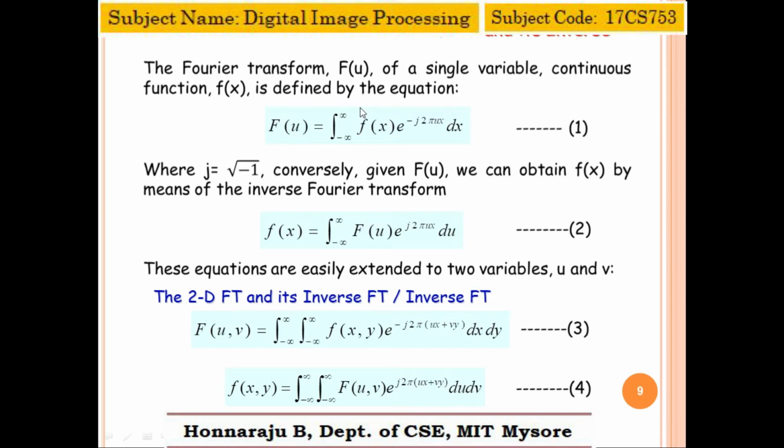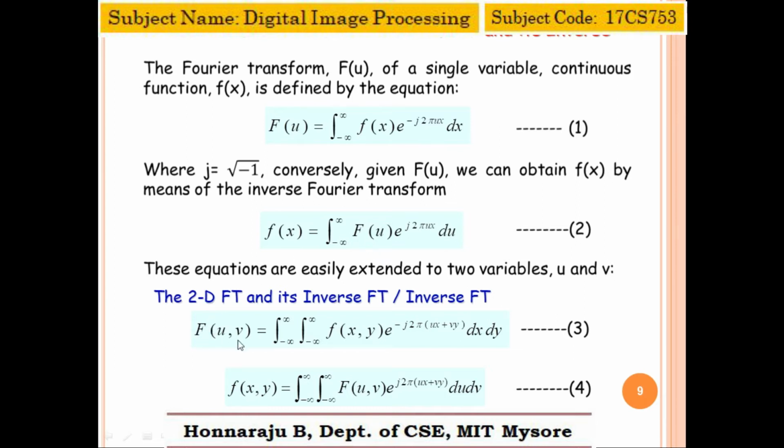So if you do the inverse transformation of F of u, we get f of x. So f of x is equal to the integral from minus infinity to infinity of F of u into e to the power of j 2 pi ux du.